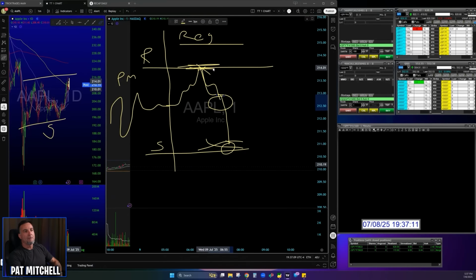So if you came down from here at 214 and you shorted 214 on Apple and you bought them back here, you covered your position at 213, we'll call it 213 for easy math, you made 1 point per share, okay? 1 point, $1 per share.